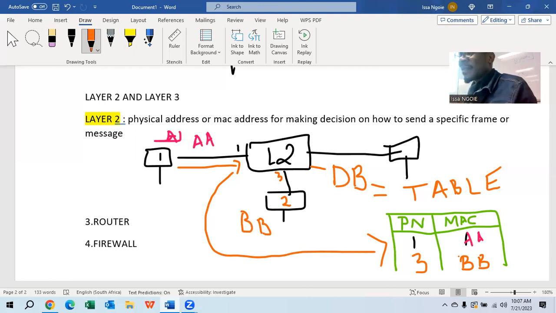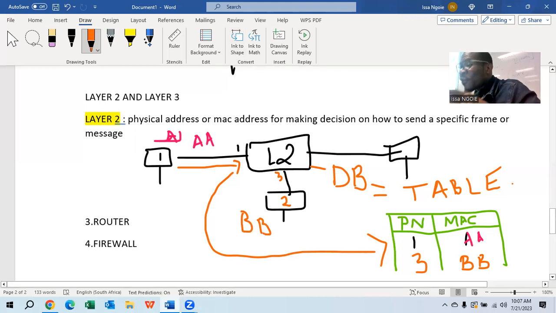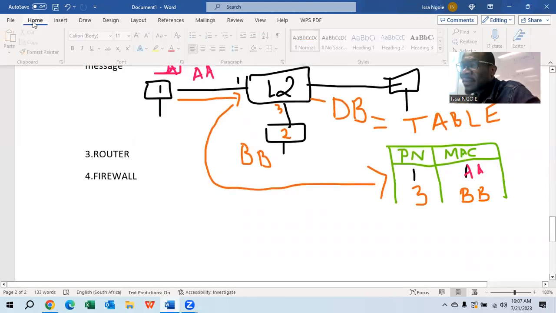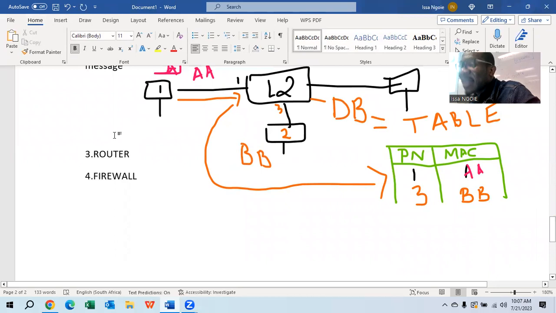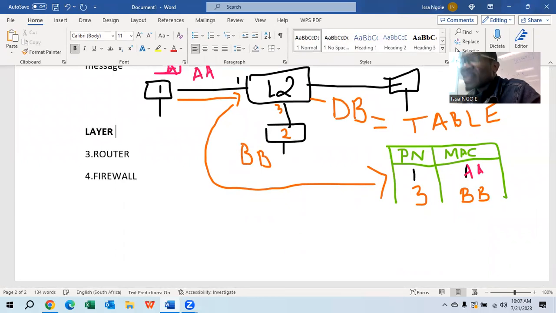Now, when you go for layer 3, it uses what? A logical address for making decisions. Logical address, this is what we call an IP address.